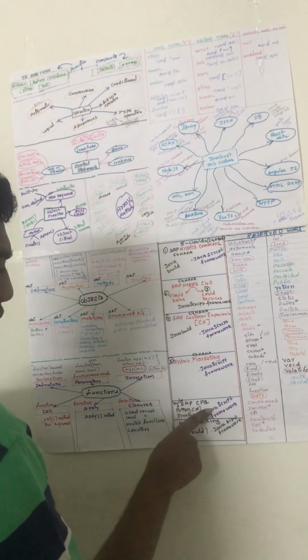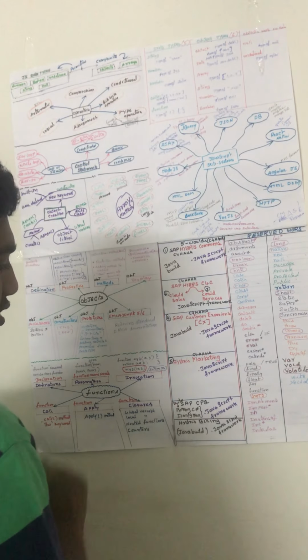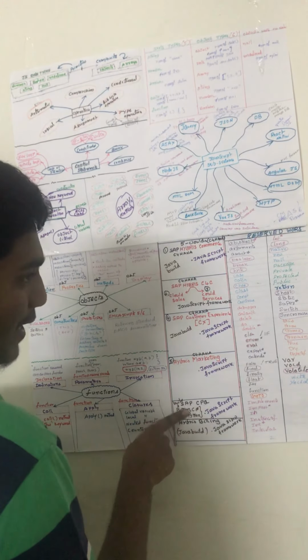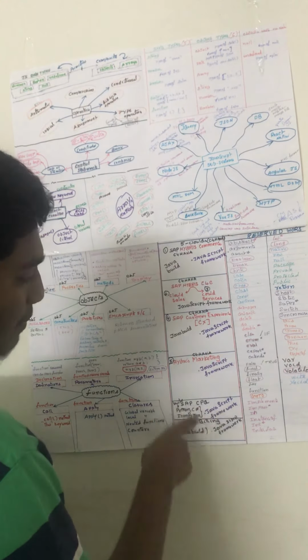But SAP CPQ is not Java build. Here we use Python, Iron Python and C-Hash as I already told in the previous video. But even though, we use JavaScript framework again here because it is most compatible. JavaScript framework is the most compatible one. So even in CPQ we use JavaScript framework.